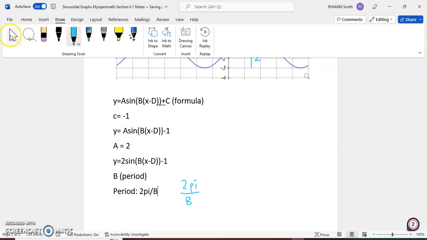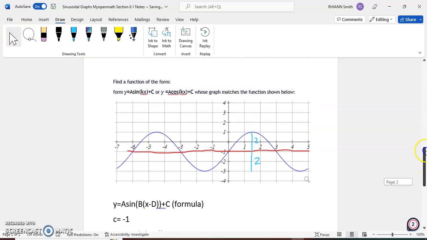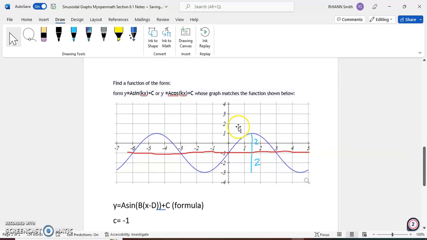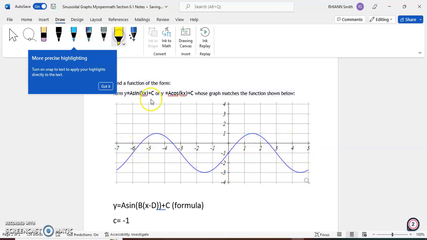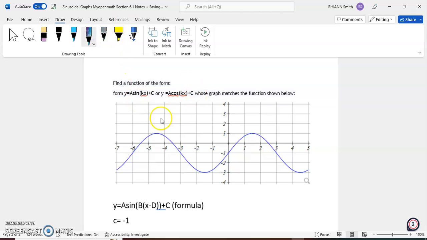Okay, so this is the part where I messed up during our call, and I apologize for that. The period is basically the distance it takes to complete one cycle. So let me erase this. The easiest way that I find the period is to look for either a common min or a common max. For example, the maxes for this hill and this hill are basically the same.